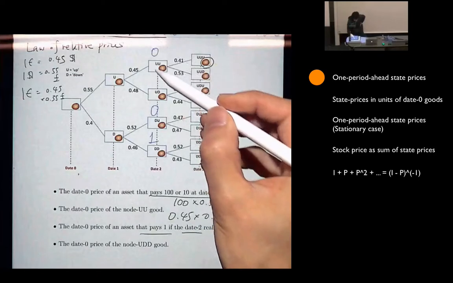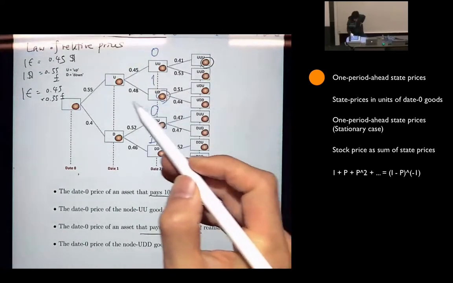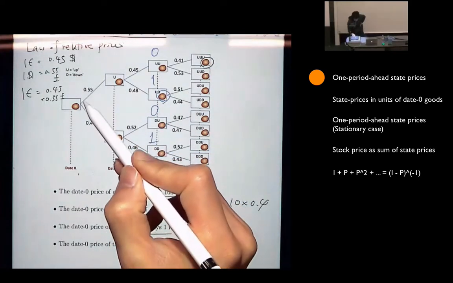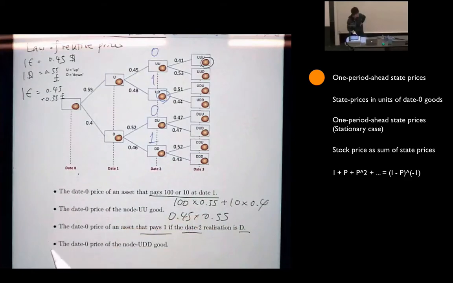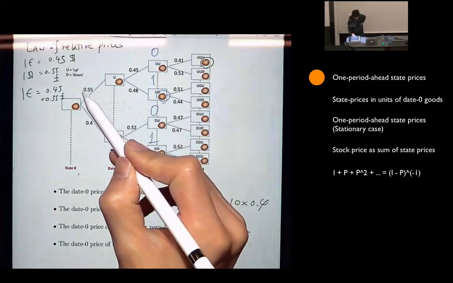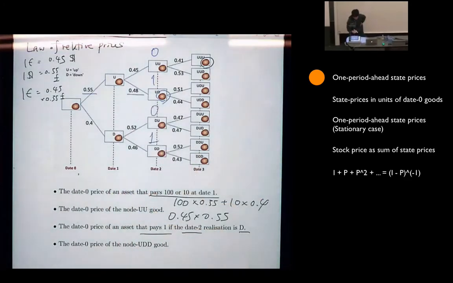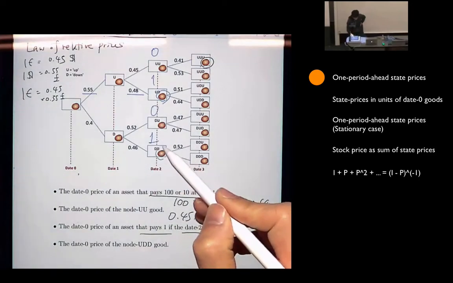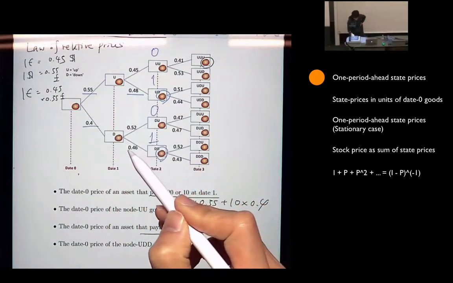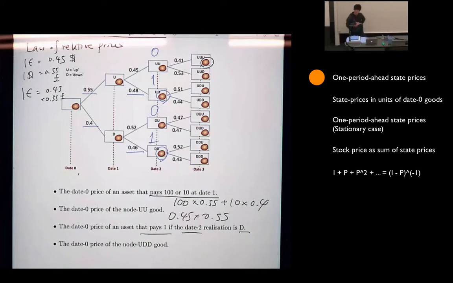The price of this potato, in units of date 0 goods, is 0.55 times 0.48. The price of this potato is 0.4 times 0.46. If you sum them up, that's the price of this asset.